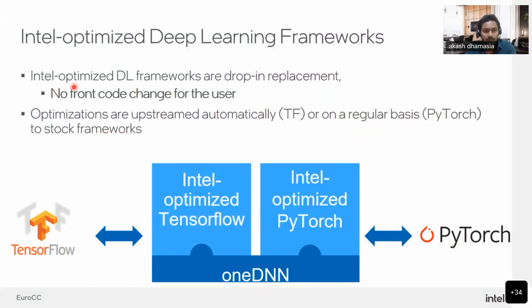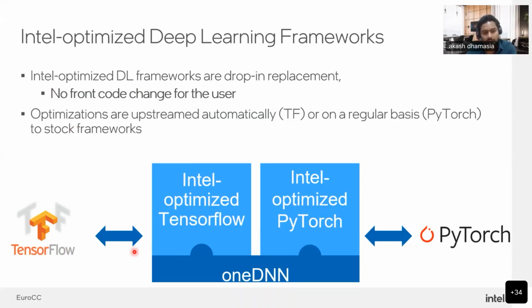Intel optimized deep learning frameworks are a drop-in replacement. You don't have to change any of your code. You can just use this framework with the application you have developed, and you don't have to change a single line of code. You just have to install Intel optimized TensorFlow or PyTorch, and everything will be taken care of by the backend library oneDNN.